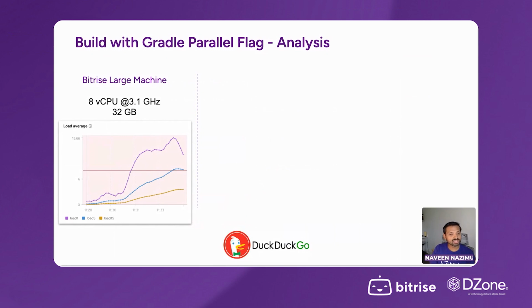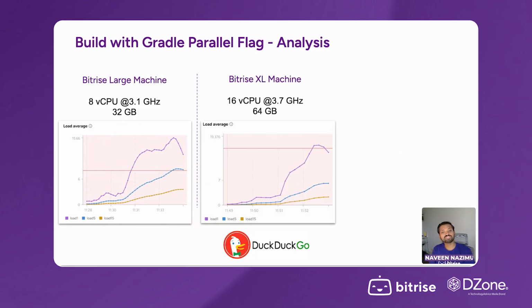In this graph, the purple line shows the number of processes being executed or waiting to execute in a 1 minute period, and the red line is the number of processors we have. So you can see for more than half the build, there were more processes waiting to execute than CPUs available, which is why in the 16 vCPU run we saw those performance gains.